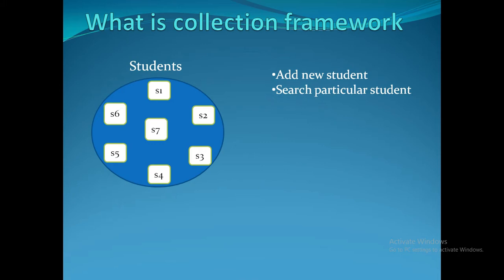Like, is the S7 student already present in the collection or not? Then I want to remove a particular student, like suppose I want to remove the S6 student from this collection. This operation I want to perform.